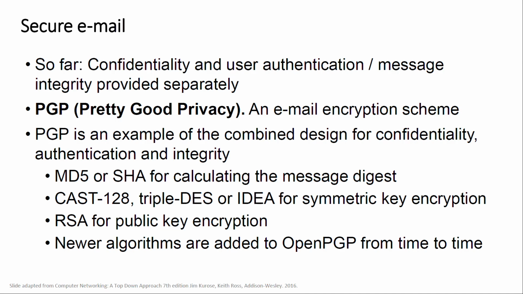So PGP, which is short for Pretty Good Privacy, is an example of this protocol. It is an email encryption scheme. As far as I know, it is the world's most widely used secure email protocol. PGP is an example of the combined design for confidentiality, authentication, and integrity.